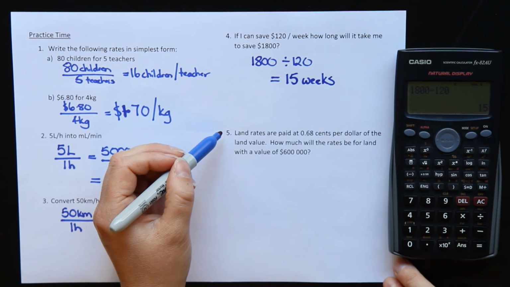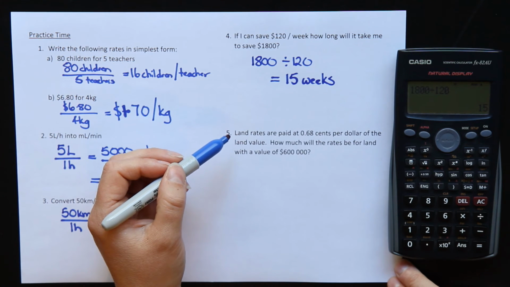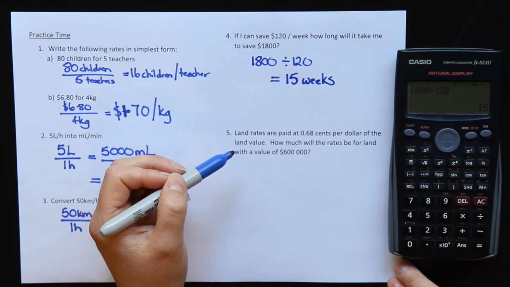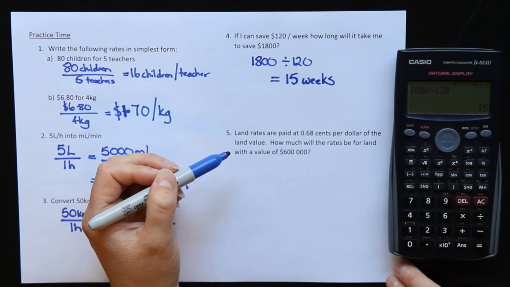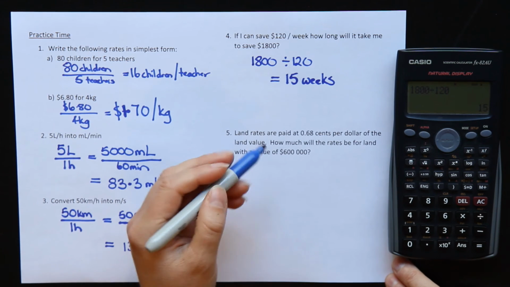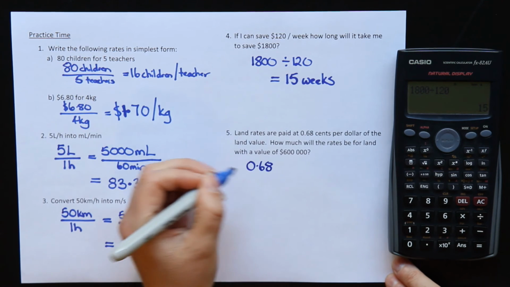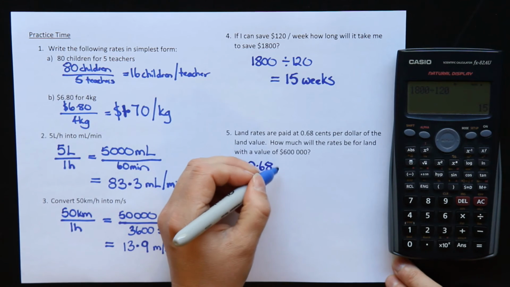Last question, number 5. The land rates are paid at 68 cents per dollar of your land value. How much will the rates be for land with a value of $600,000? Okay, so it's going to cost me 68 cents, or 0.68, per dollar.